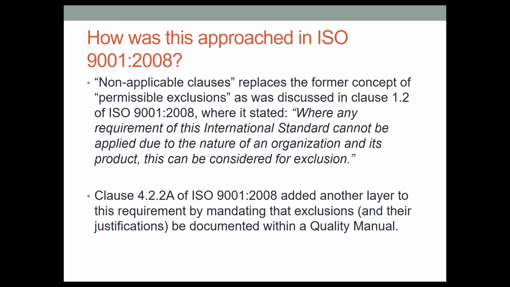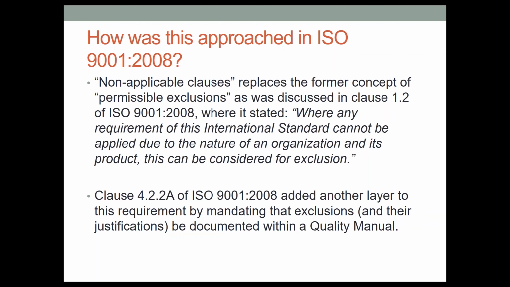Now, ISO 9001 also had a requirement for a quality manual, and that requirement appeared in section 4.2.2A. And it added another layer, and it said that your exclusions and those justifications had to be documented within a quality manual.